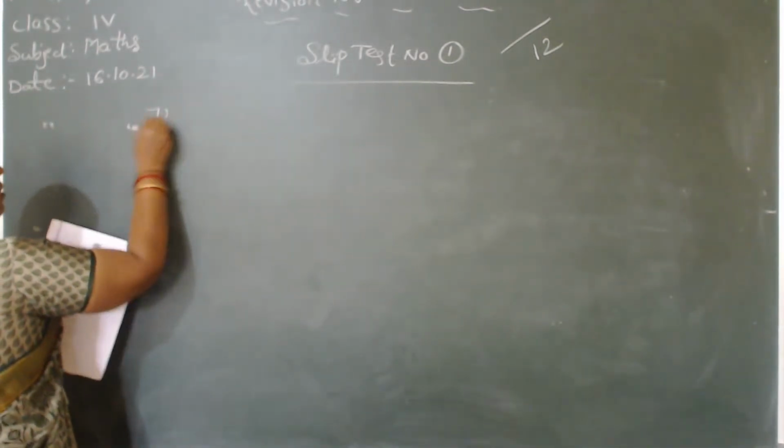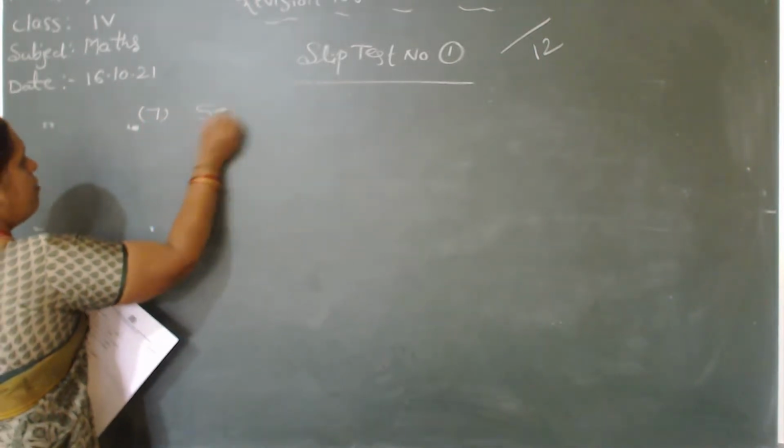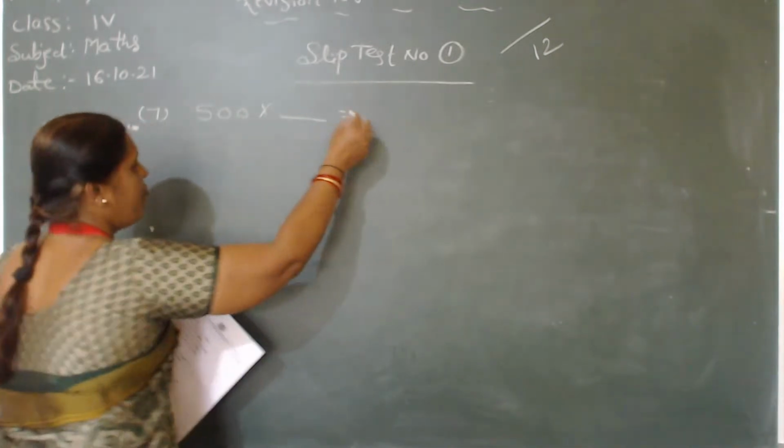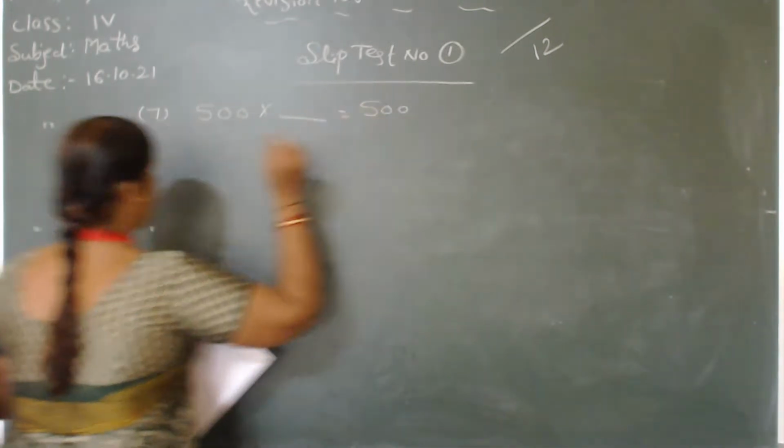Seventh one: dash into dash is equal to 500.